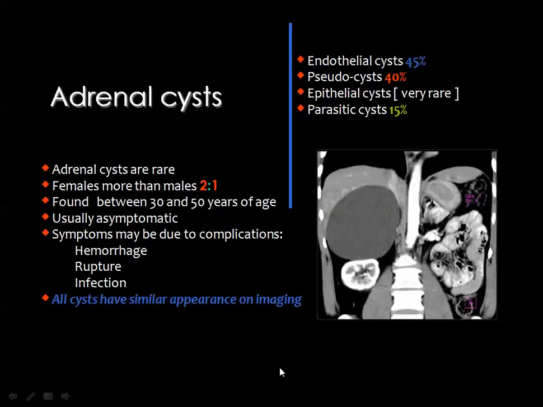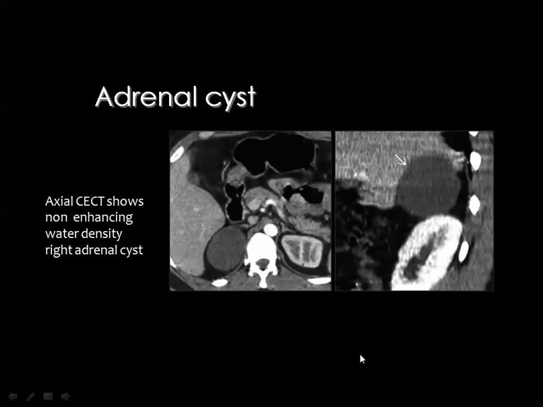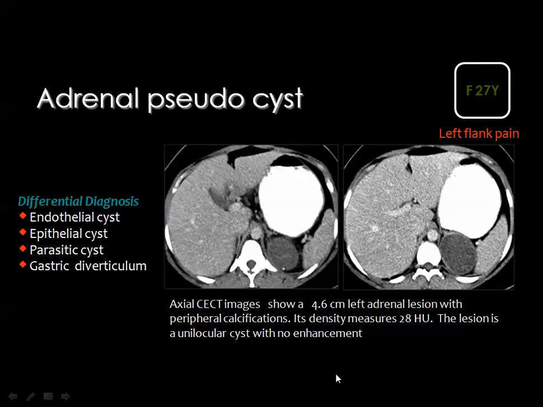The complications of the cyst include hemorrhage, rupture, and infection, similar to any other cysts anywhere in the body. Then this is an adrenal cyst. If you see a cystic lesion containing fluid in the suprarenal gland, you say that this is an adrenal cyst, and you cannot specify if it is pseudo or true unless you have the history.